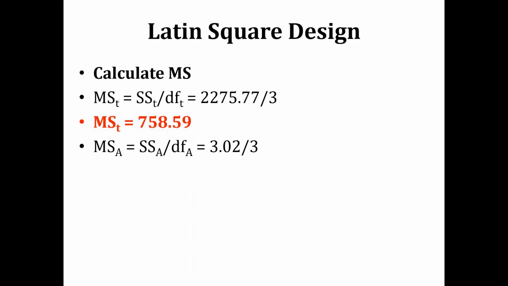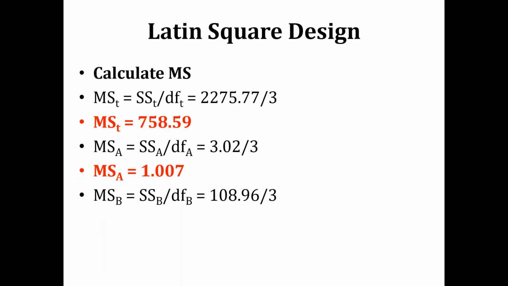Then we calculate the variance or the mean sum of squares for our first gradient, which is the A gradient, and this is the road gradient. So this is the sum of squares for A gradient divided by degrees of freedom of the A gradient. So this is 3.02 divided by 3, and our variance is 1.007 in this case.